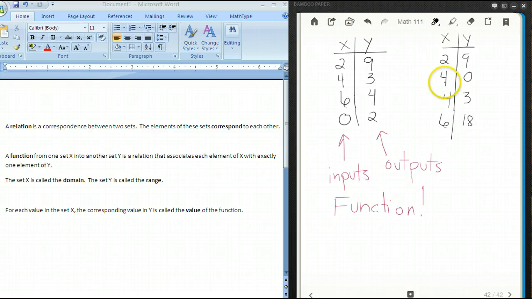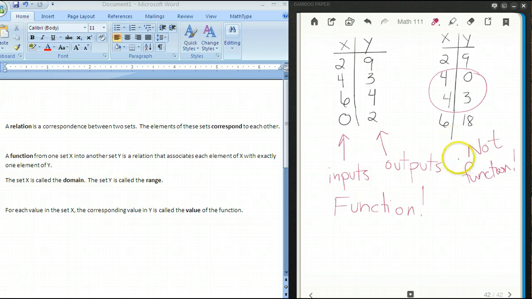Is there an input which gives more than one output? Well, 2 goes to 9, 4 goes to 0, and 4 goes to 3. Aha, that's the problem right there. Notice it's saying that 4 goes to two completely different numbers. So this is not a function.